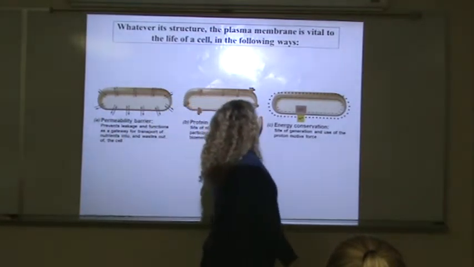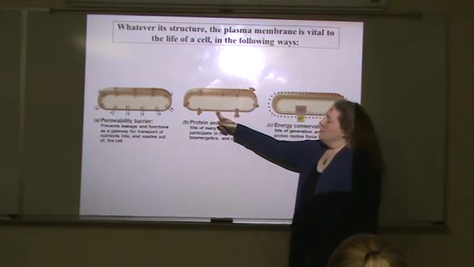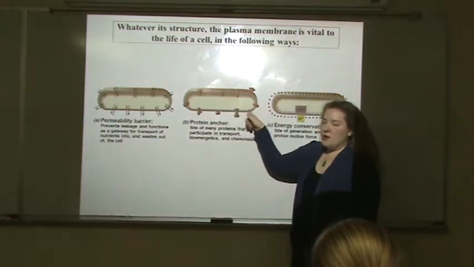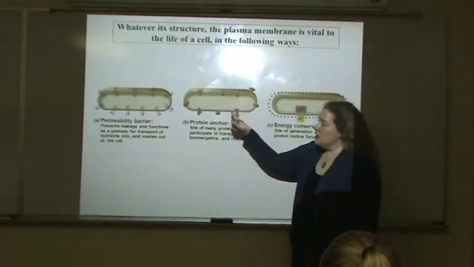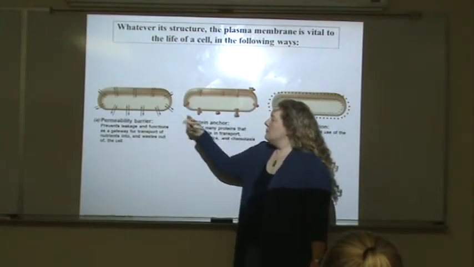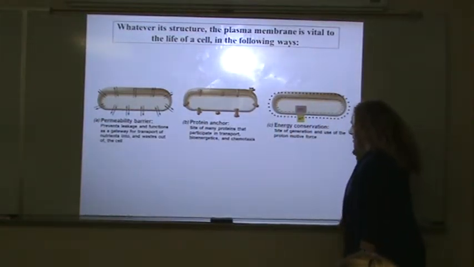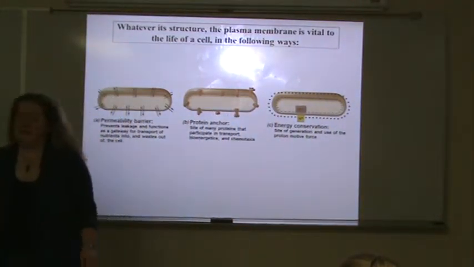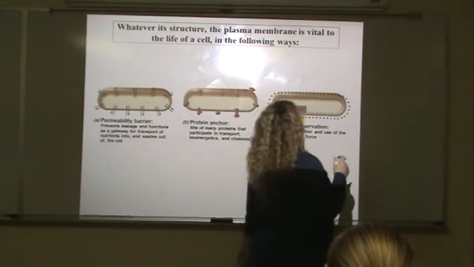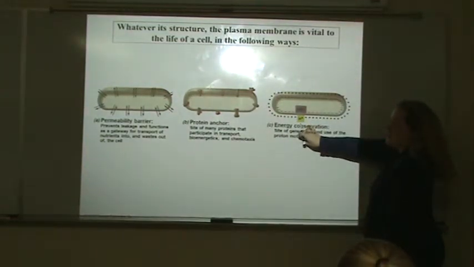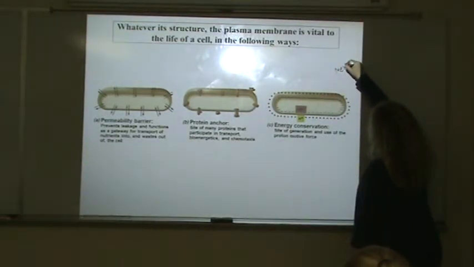It's still a protein anchor, having particular proteins that help the function of the cell. Some of those are letting materials in or out in a selective way. And don't forget this one. I'm going to state this in a different way.